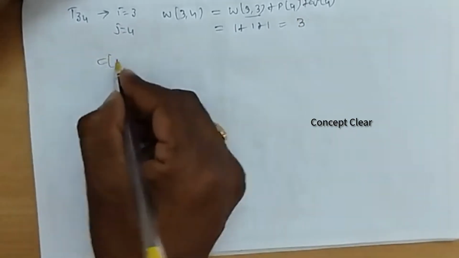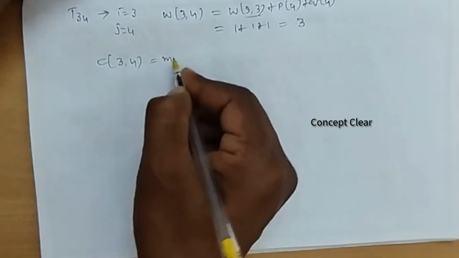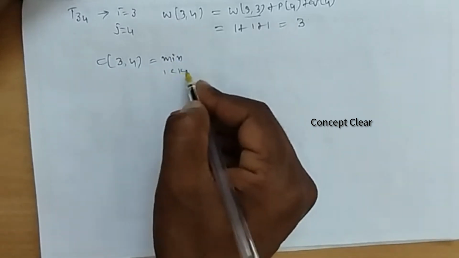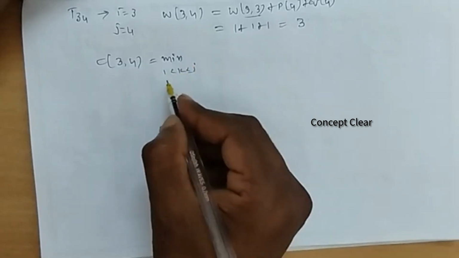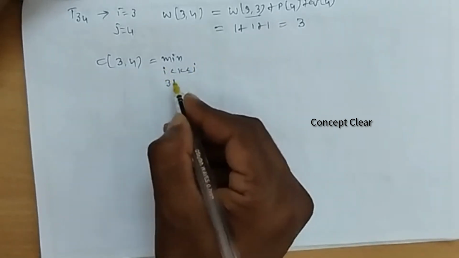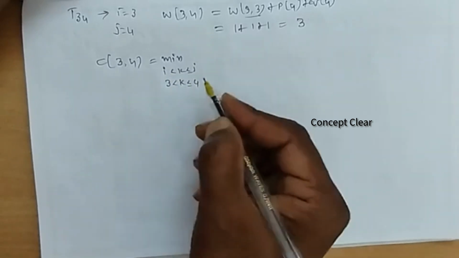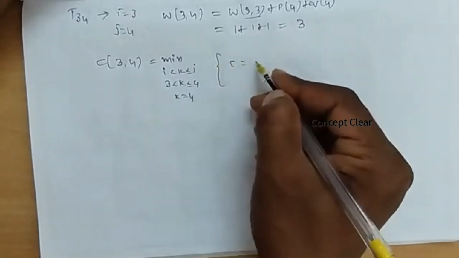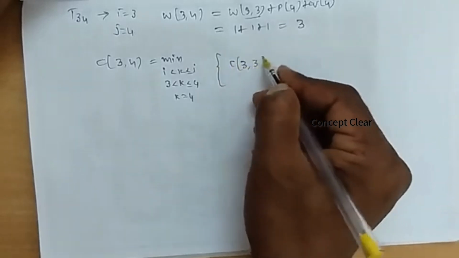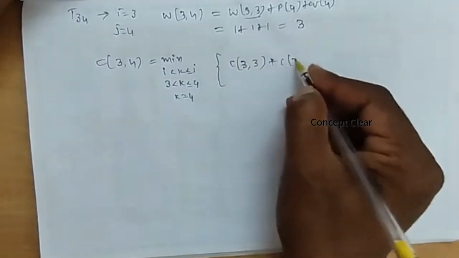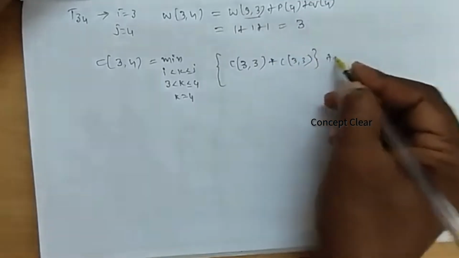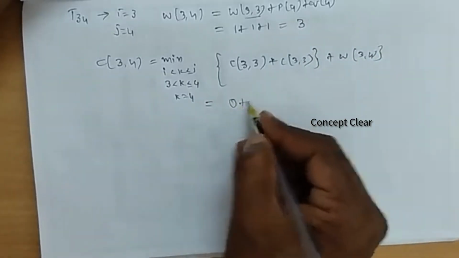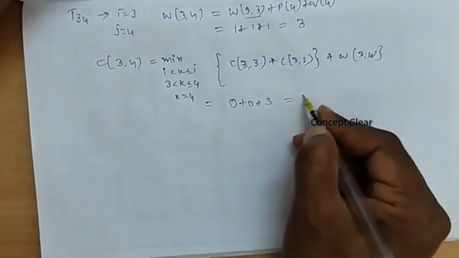And C of 3 comma 4 equals to minimum of, the formula is I less than K less than or equals to J, so 3 less than K less than or equals to 4. So the only possible thing is K equals to 4. I am writing the same equation C of 3 comma 3 plus C of 4 comma 4 plus W of 3 comma 4, that equals to what? 0 plus 0 plus 3, that equals to 3.